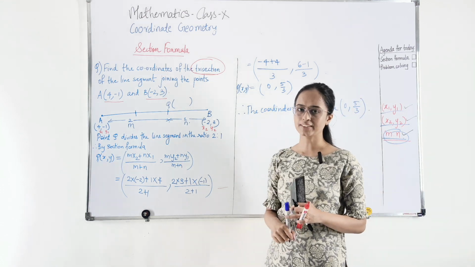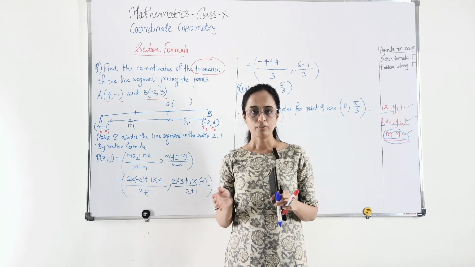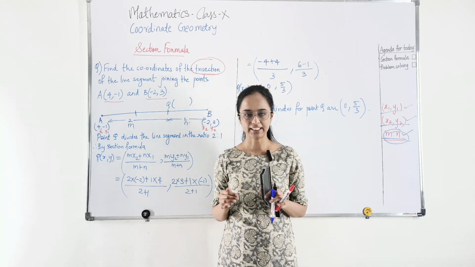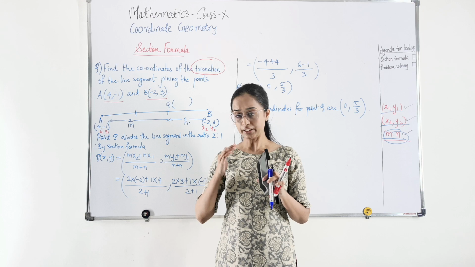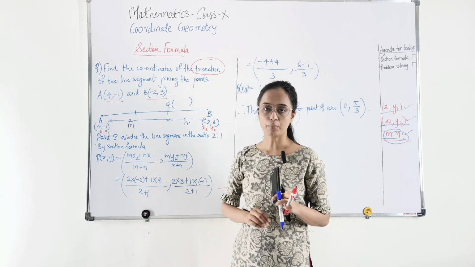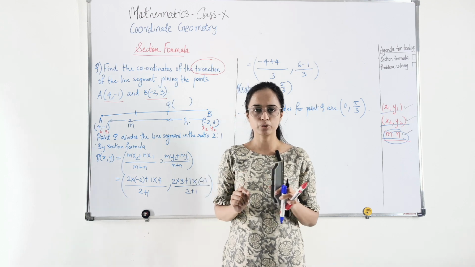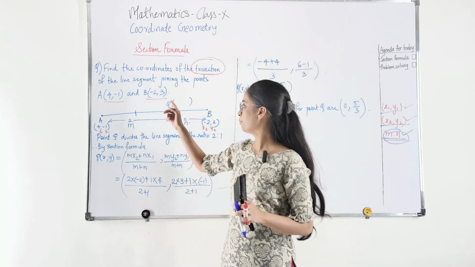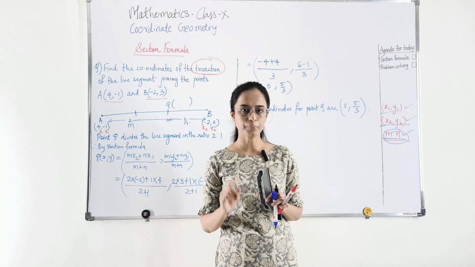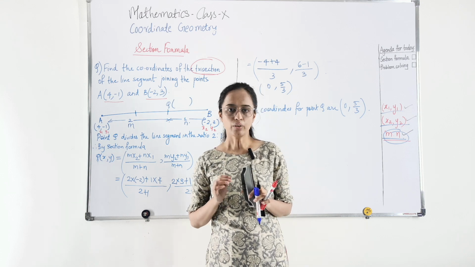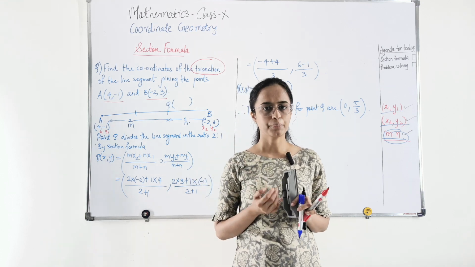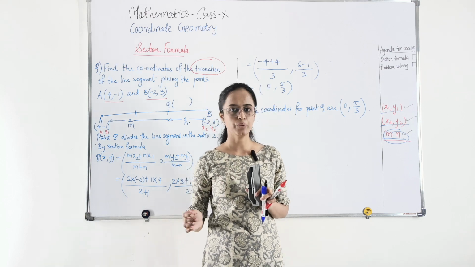To once again explain this problem, we were given that the line is trisected, and you were supposed to find the coordinates of the trisecting points P and Q. If you know that a line is trisected, it means that it has been divided into 3 equal parts.